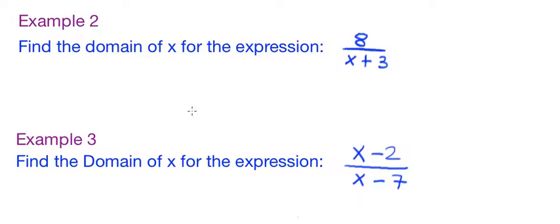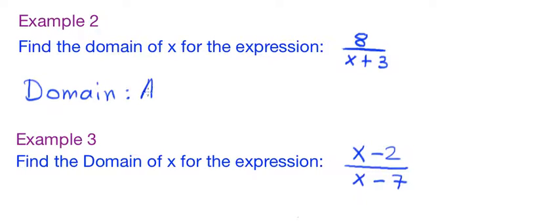Here, two more examples. Example 2. Find the domain of x for the expression 8 over x plus 3. Remember, finding the domain is about finding all the values of x that will not give us trouble when we compute this formula, right? So, domain will be all real numbers except for the numbers that will give us 0 here on the denominator, right? What number will give us 0 on the denominator? Well, it must be the value of x which is opposite to 3. The opposite of 3, minus 3.